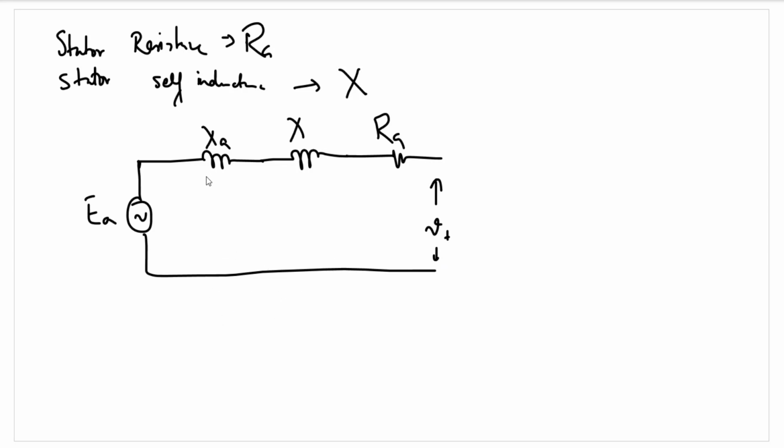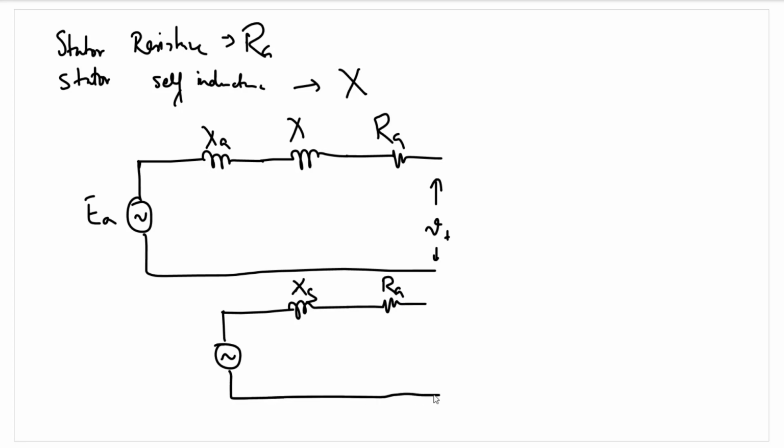Fine. Now we can actually combine XA plus X as one reactance, XS, along with RA and VT. So EA is the induced voltage because of the rotor magnetic field. RA is the armature resistance.